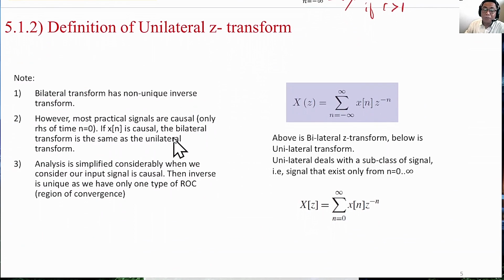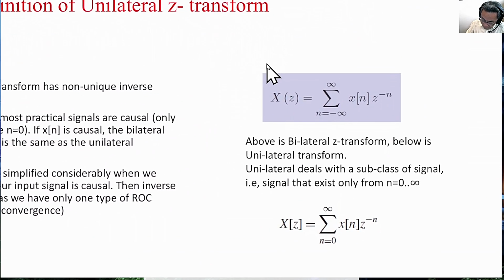And lastly, we now talk about the unilateral z transform. In the bilateral z transform, the index goes from minus infinity to infinity. However, typically we are interested only in causal signals. So we have a subclass of signals that only exist from positive time. Therefore, we are not interested in n from negative infinity to infinity. If that is so, then this is called the unilateral z transform.